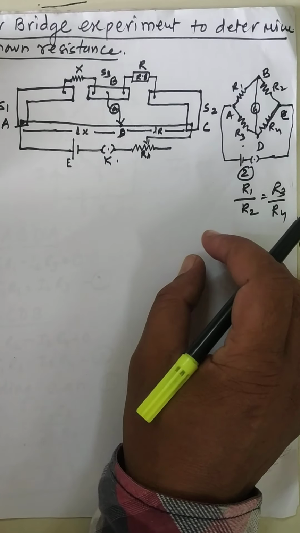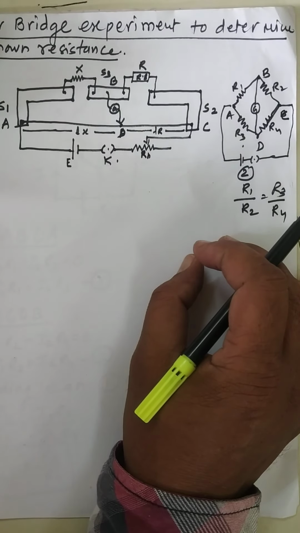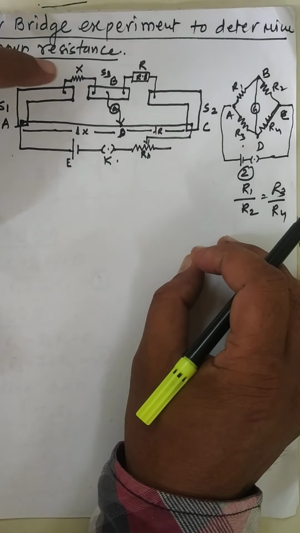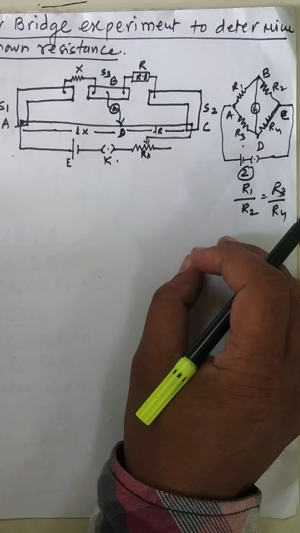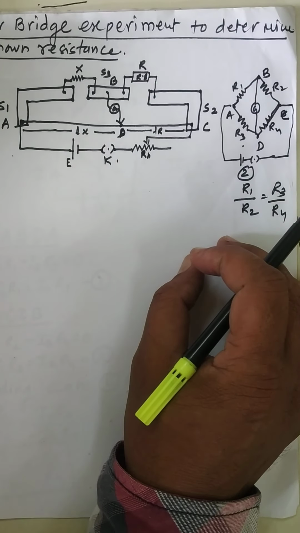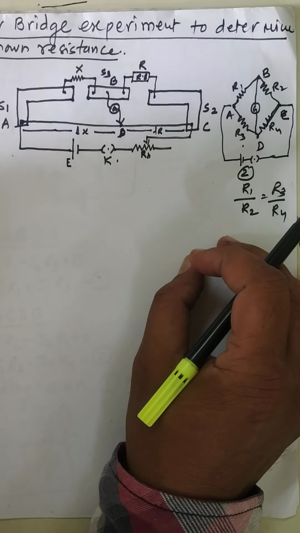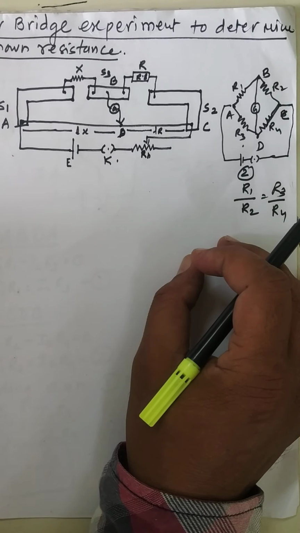So that's why using this meter bridge experiment, we are able to find out the value of that 4th resistance. Here X is that unknown resistance, and we have to determine the value of the unknown resistance X using this meter bridge. Once again, this is called a meter bridge because it is having a resistance of 1 meter long uniform wire. Now, how to perform this experiment to determine the unknown resistance X?